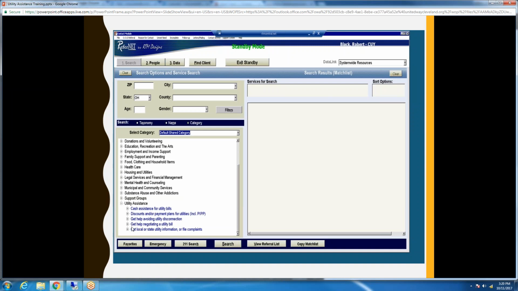Not really going over those two today. If you do have questions about those, please send a transmittal or ask your supervisor. In the near future, we may have some more information dealing with these other items under utility assistance.